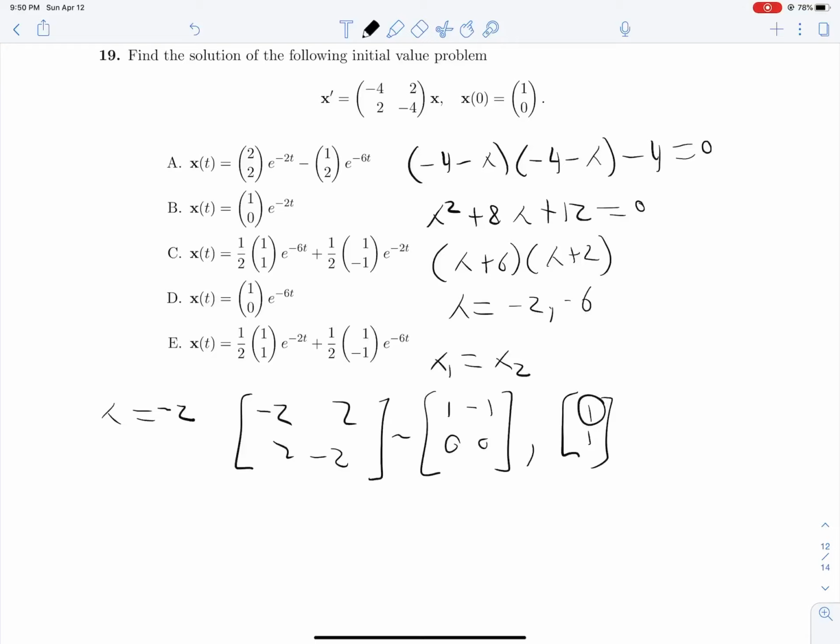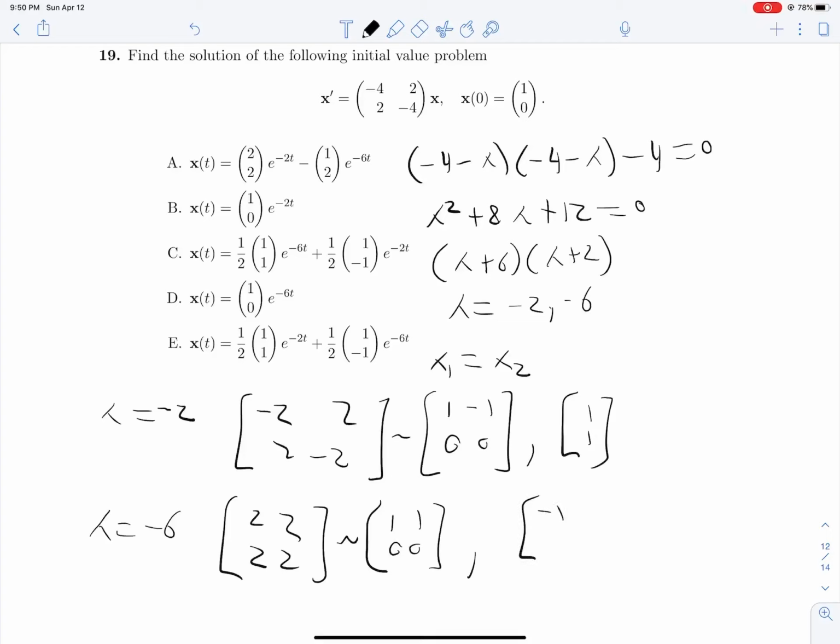And so the x1 position in here is just 1. For lambda equal to -6, we end up with 2, 2, 2, 2, simplifying down to 1, 1, 0, 0. So we get our -1, 1 eigenvector.